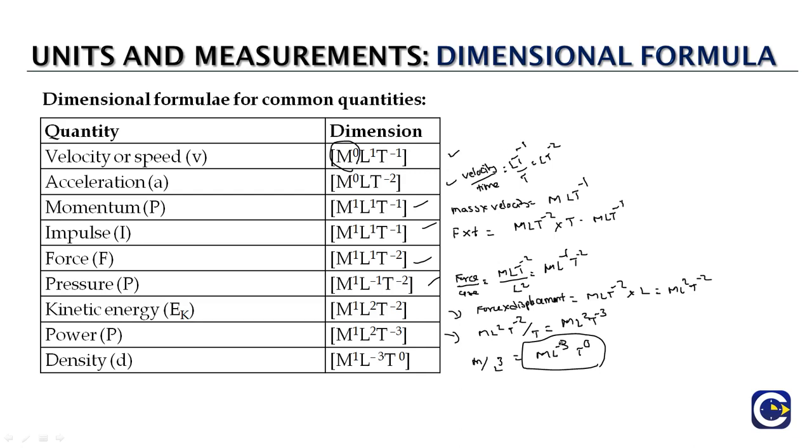So broadly, when we look at any physical quantity, if we want to get the dimensional formula, we must know an equation where this particular physical quantity appears, and in that equation all the other dimensions must be known to us. That is the approach we can take to find the dimensional formula for any derived quantity.